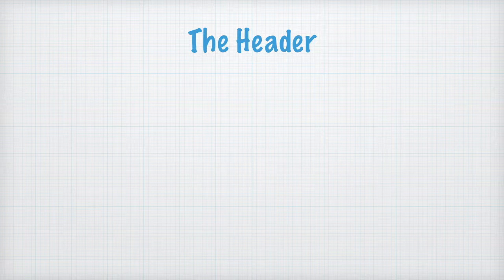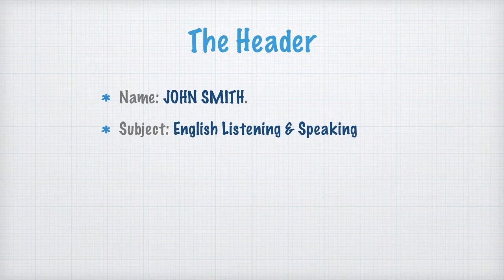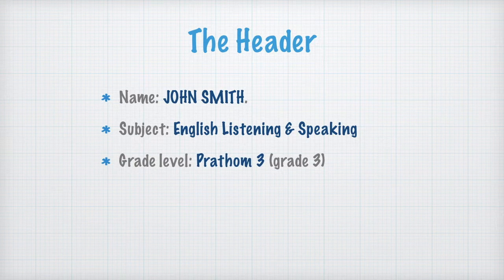Well, let's try to be a little bit clear and show an example. The header, we start with the name, John Smith. Subject, English, listening and speaking. Grade level, Prathom 3, and in the United States that would be grade 3.